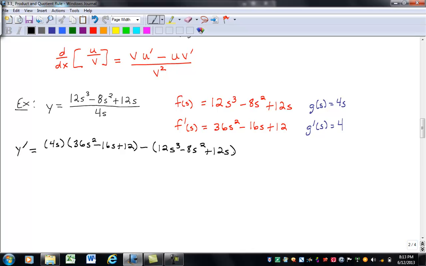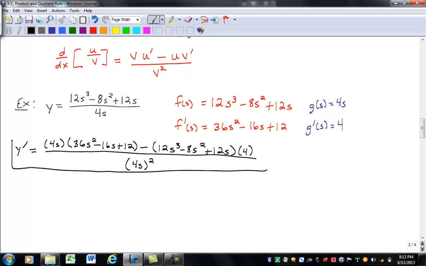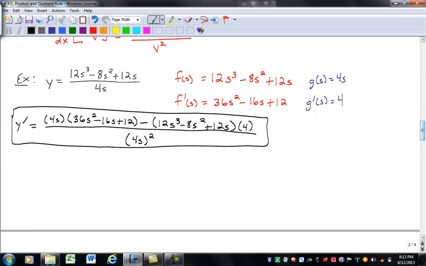That's high d low, and the derivative of the bottom is 4. So low d high minus high d low, all divided by the low squared. And again, I don't care how much you simplify it at the moment, because I just want to see that you can identify the function, find the derivatives, and put them together the right way.